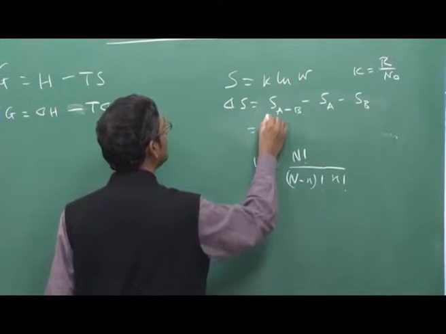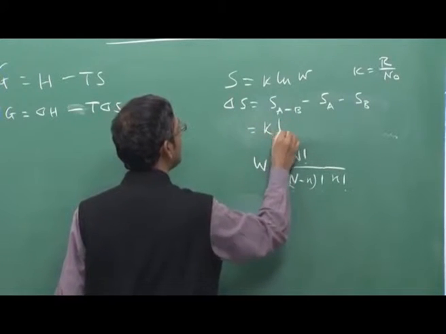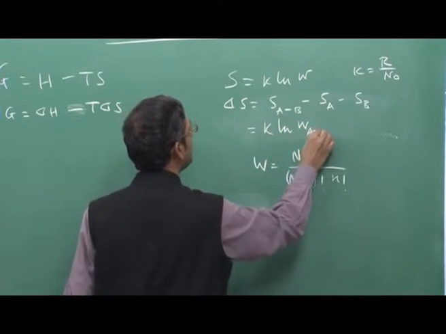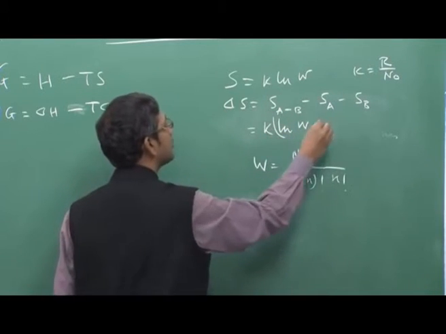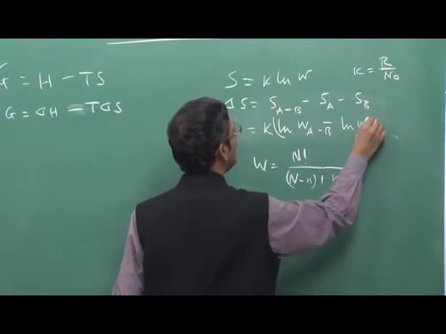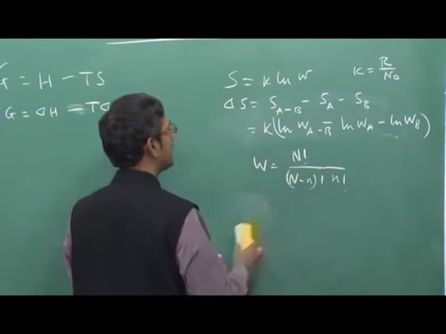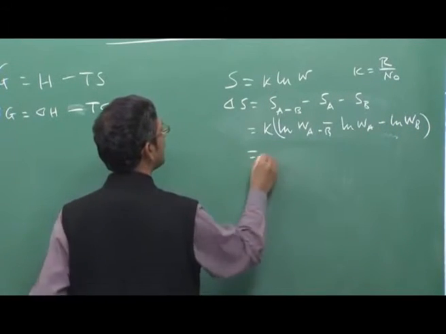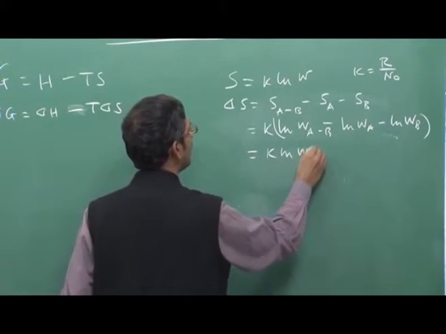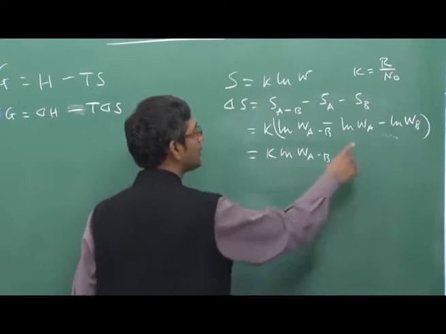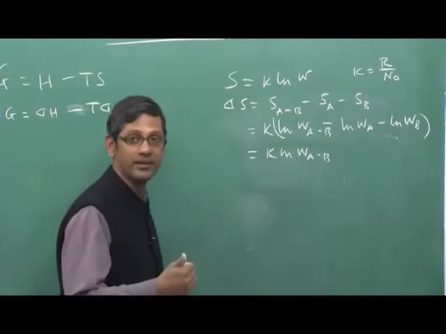So now I can write k ln W AB minus ln W A minus ln W B, taking k common. So that means I can write k ln W AB, because W A is 1.